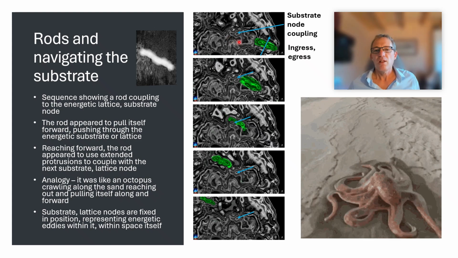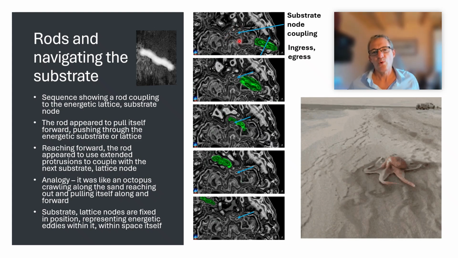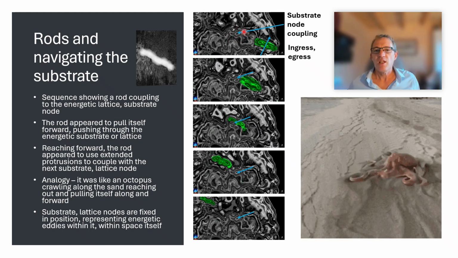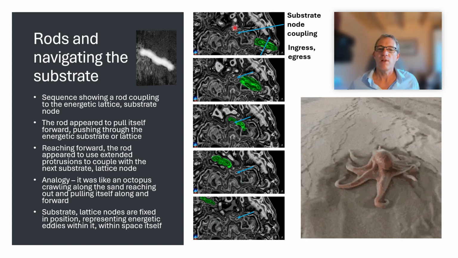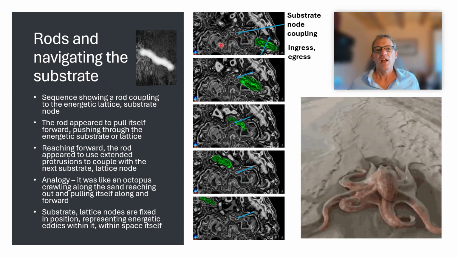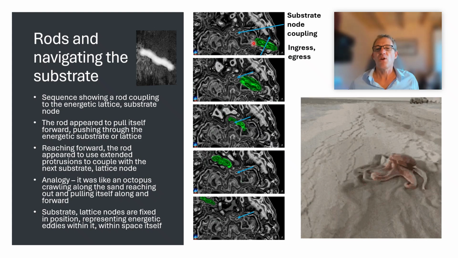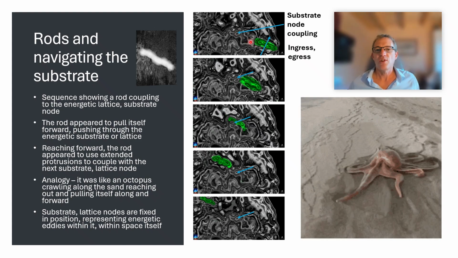Now, in four-dimensional space of geometric potentials, or the substrate or lattice of space itself, there's all these eddies and swirls when we do quantum imaging that seem to suggest coalescing of energy at various points. And there seems to be an ability to recognize, reach out, and pull an object through this substrate.